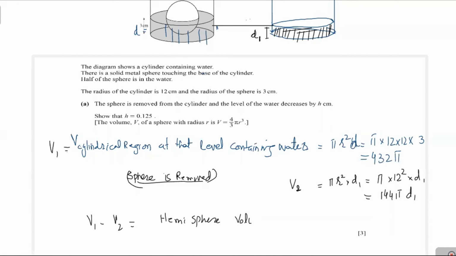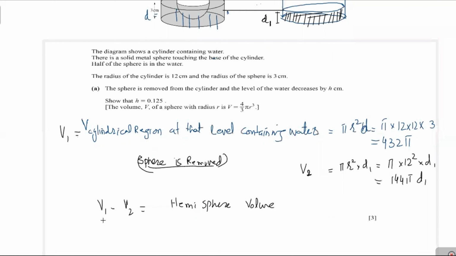hemisphere volume. Now the first volume, you see here, that's equal to 432 pi minus 144 pi D1. The hemisphere volume is equal to 1/2 into 4/3 pi r cube.